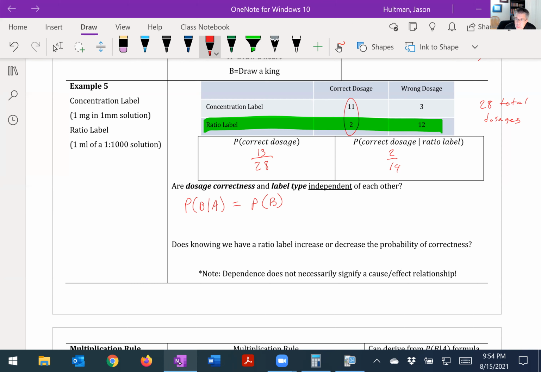Is that correct? Well, no, these two are not the same. The probability of a correct dosage is 13 out of 28. The probability of a correct dosage given the ratio label is 2 out of 14, and they are not equal. 13 out of 28 does not equal 2 out of 14, so they are not independent.